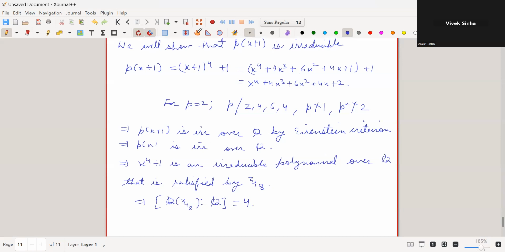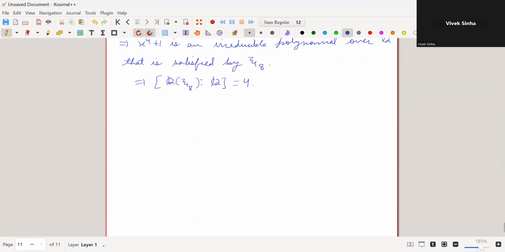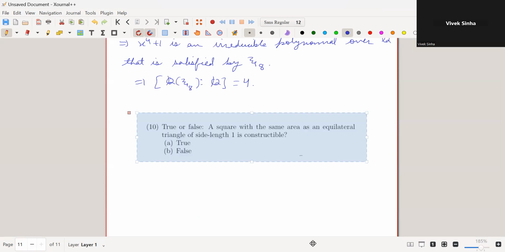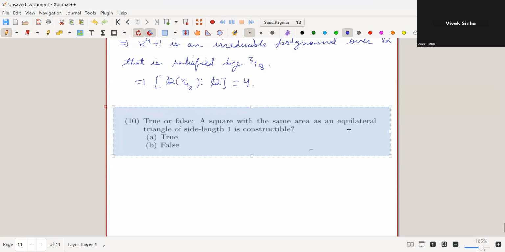Okay, so if that is fine, we will move to the next question. Again, it is a true false question. It says that a square with the same area as an equilateral triangle of side 1 is constructible or not.